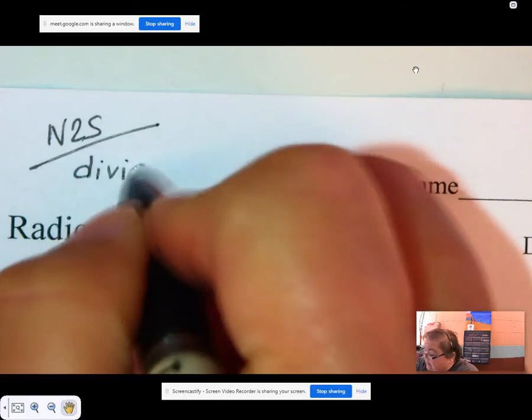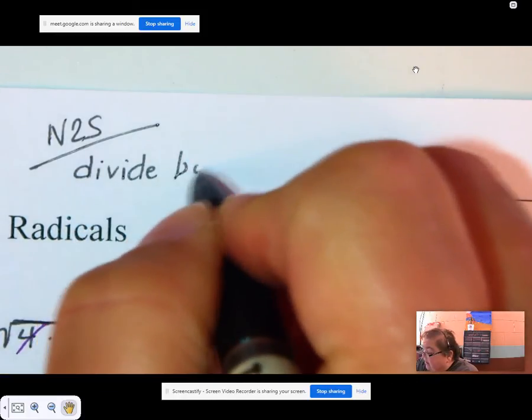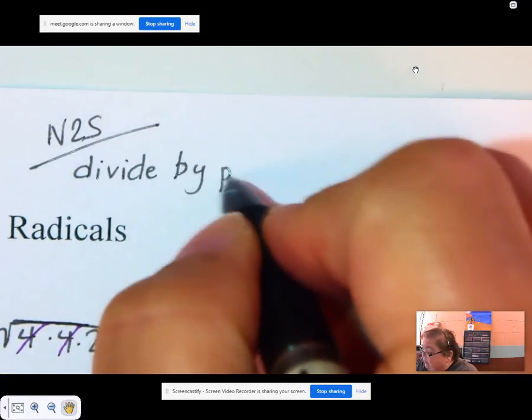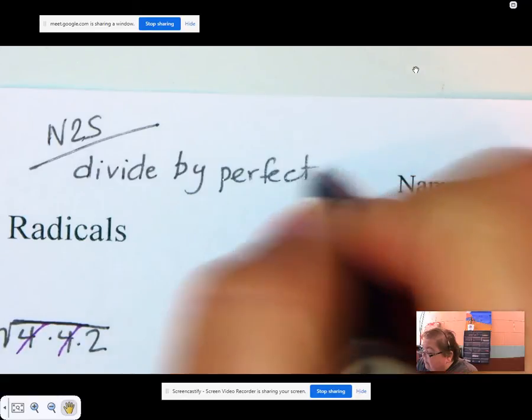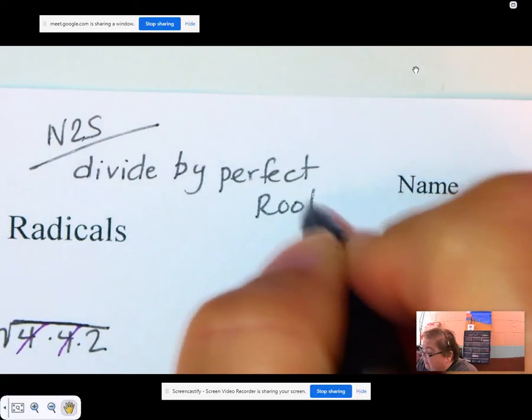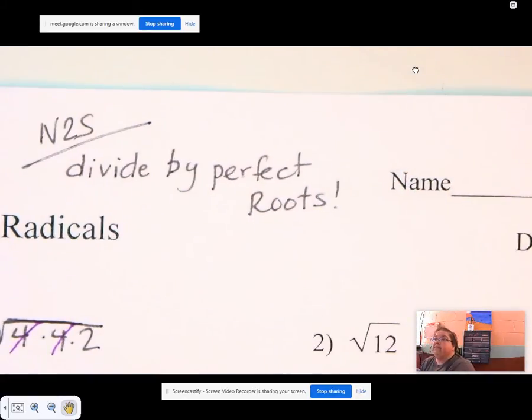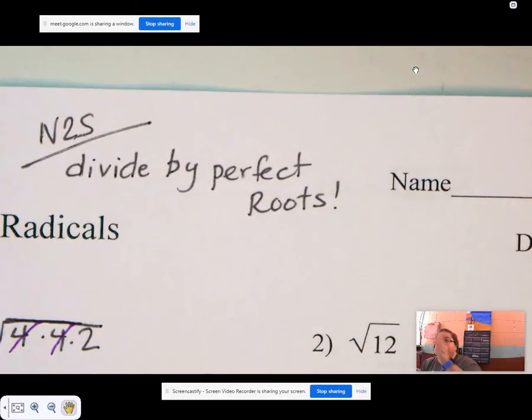Divide by perfect roots. And that's how we're going to get that down to one step. Typing in the calculator is much faster than writing all of that out. And it's not wrong to do that. Okay? But this will make it quicker.